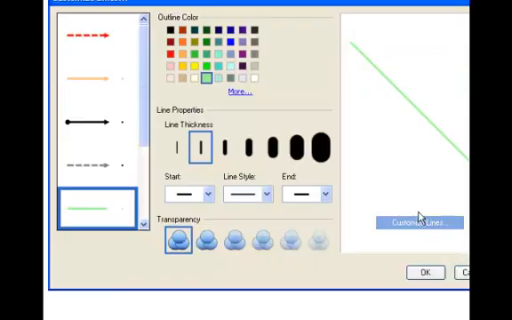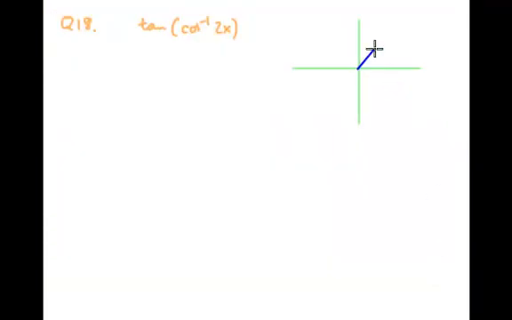So this is question 18. And I'm supposed to figure out what this is. Again, I'm going to make myself a coordinate system, because that's what they do in section 5.5. And then I'm going to find another color.